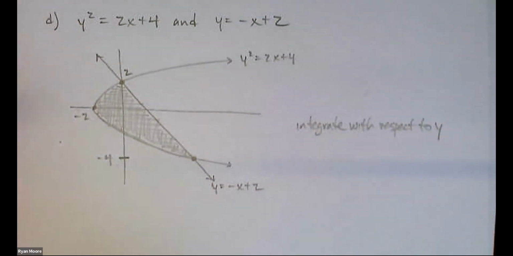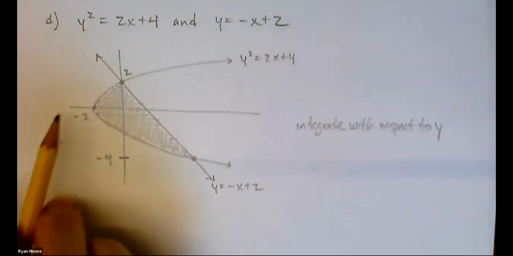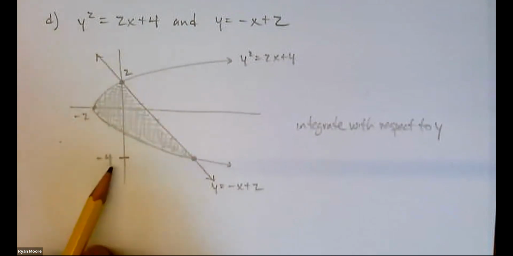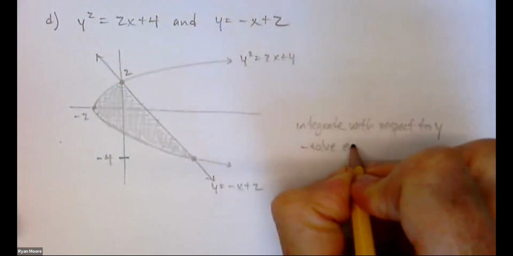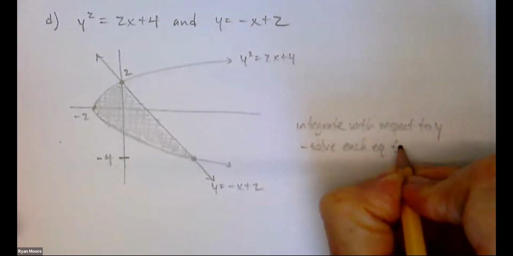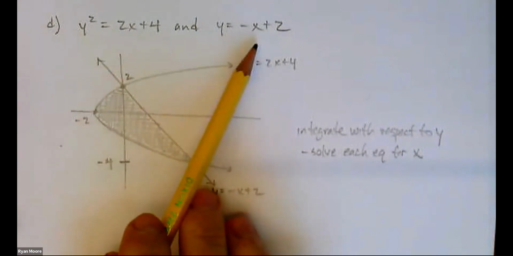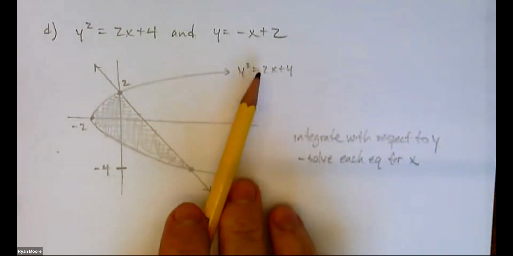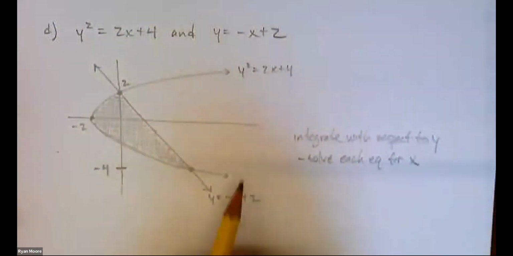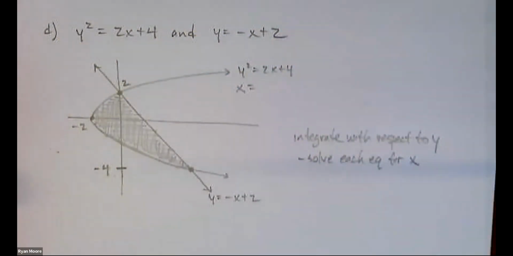Okay. What else do we need to do besides note where these cross each other on the y-axis? We need to solve each equation for x. Originally, we think of the equations as solved for y, but we have to reverse it. So let's think about this first equation. We could think of it as y squared equals 2x plus 4, but we want to think of it as x equals.